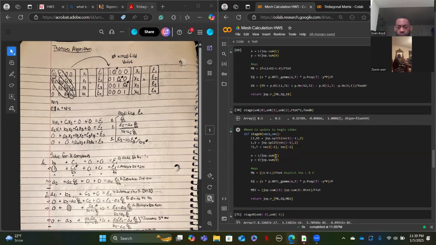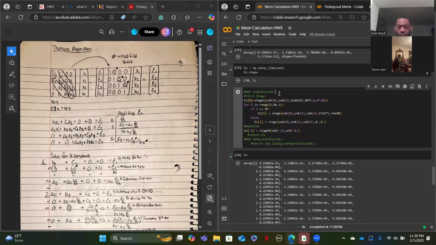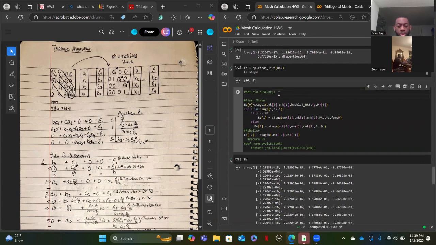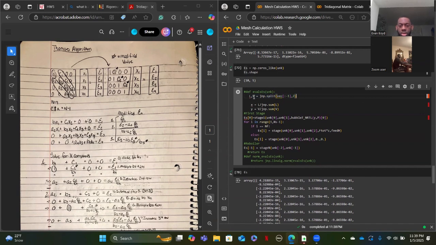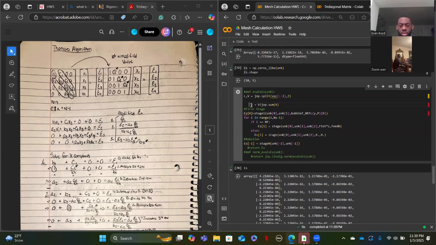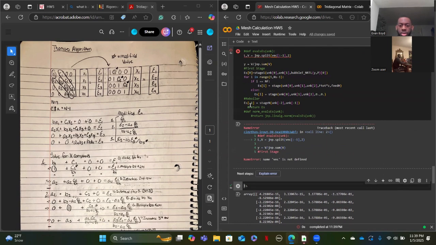So I'm just going to copy and paste. I'll put it right here. I forgot we had to do that. That should make a difference. Okay, shift enter. Oh yeah, it's unknowns now instead of our vectors because we're not in the functions.